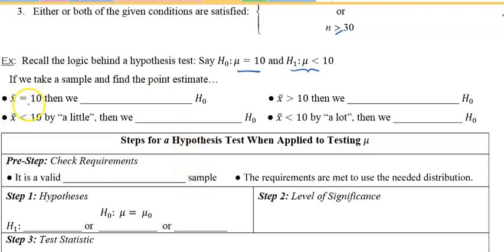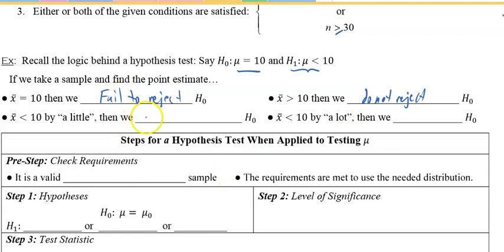If we take a sample and find the point estimate, if x bar equals 10, which is the mean, then we fail to reject the null hypothesis. If the mean is greater than 10, we do not reject the null hypothesis.